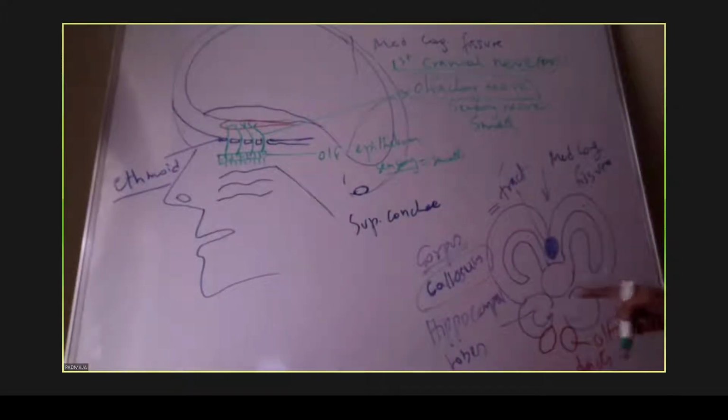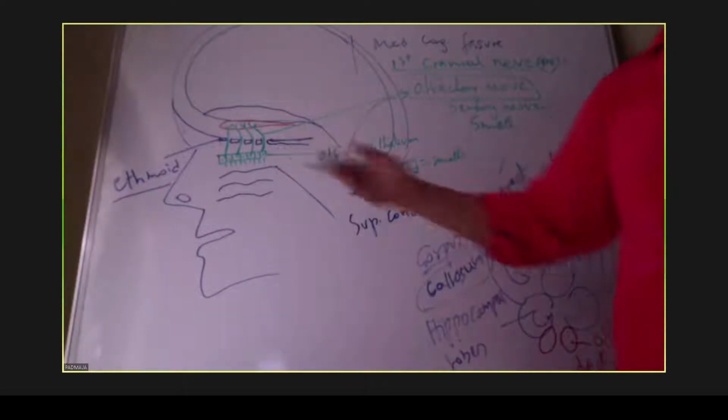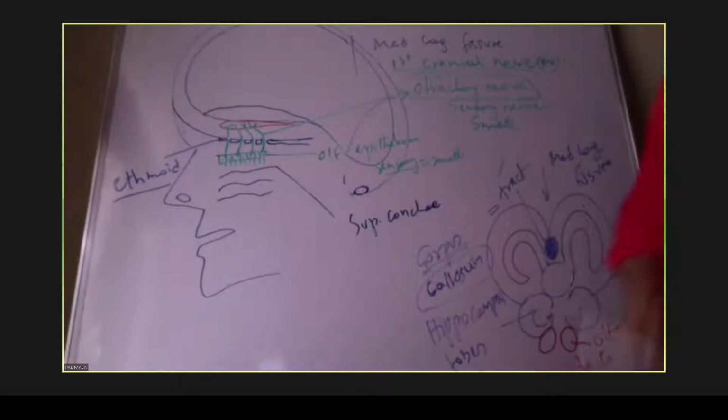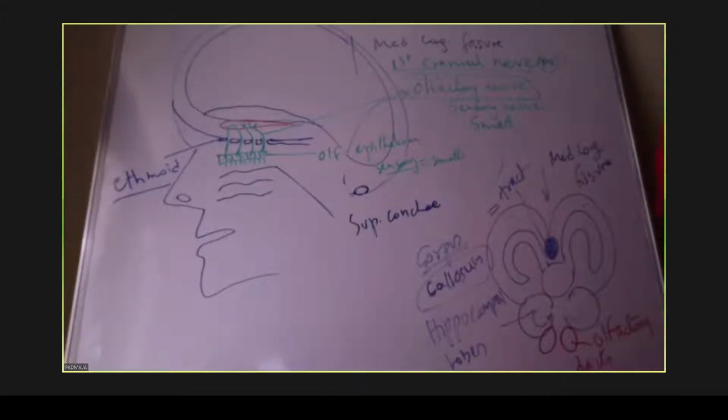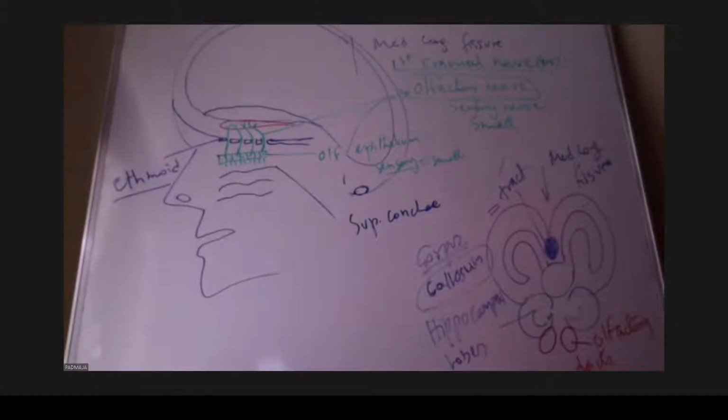And just now I told you olfactory bulbs, through their olfactory tracts, are attached to the hippocampal lobe. So the sense of smell is connected to your what? Memory, yes. Hippocampal lobes are related to memory. Very, very important points.